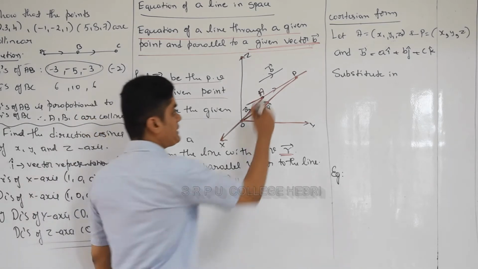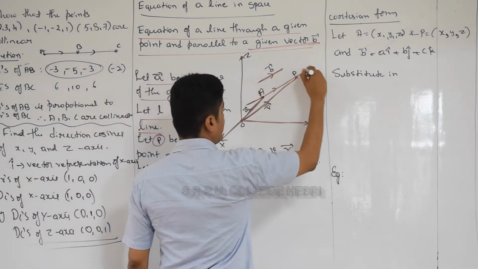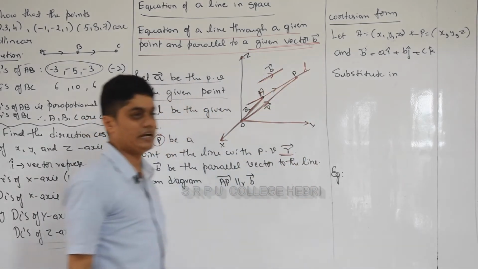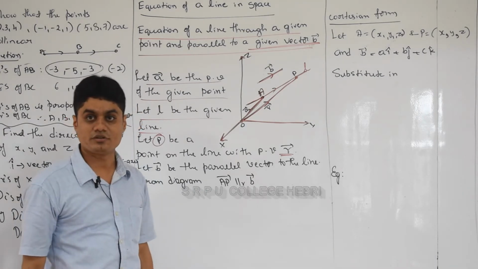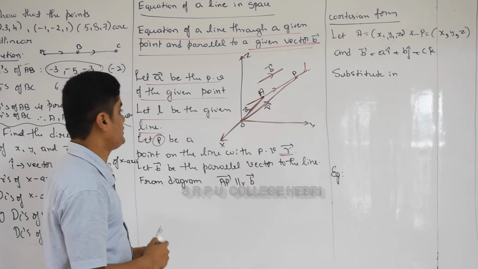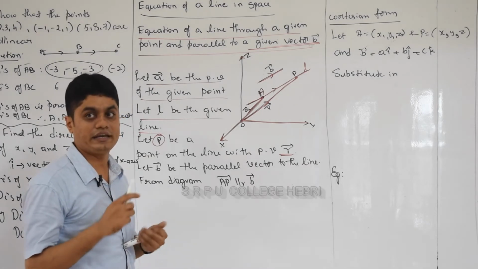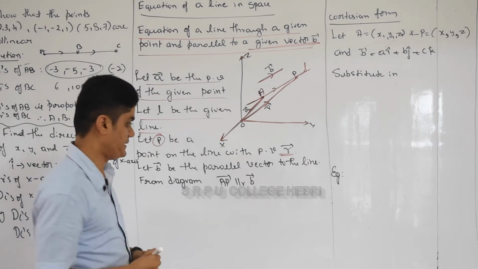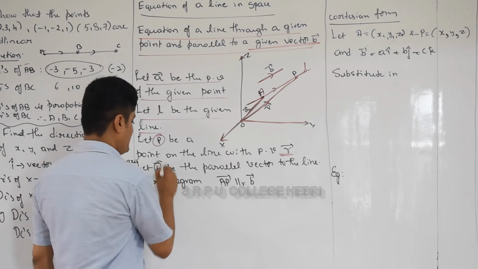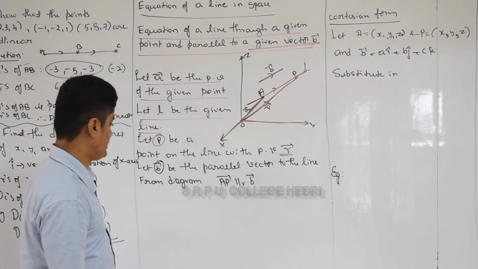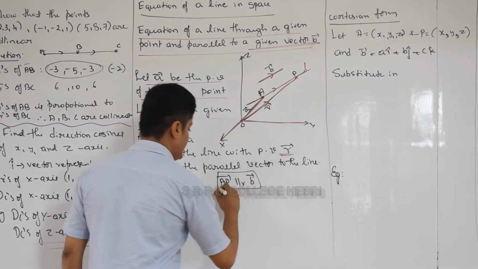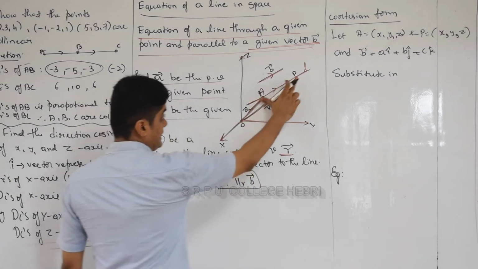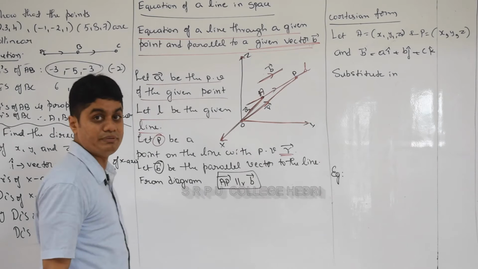So this is the parallel vector to the given line L. Already we have 2 points on the line, A and P, with the position vectors mentioned. Got it? Now I will show you how to get the equation under this heading in space. Let B be the parallel vector to the given line. Now from the diagram, anyone can tell that vector AP, this is an important term, vector AP is parallel to vector B. Do you agree with me?